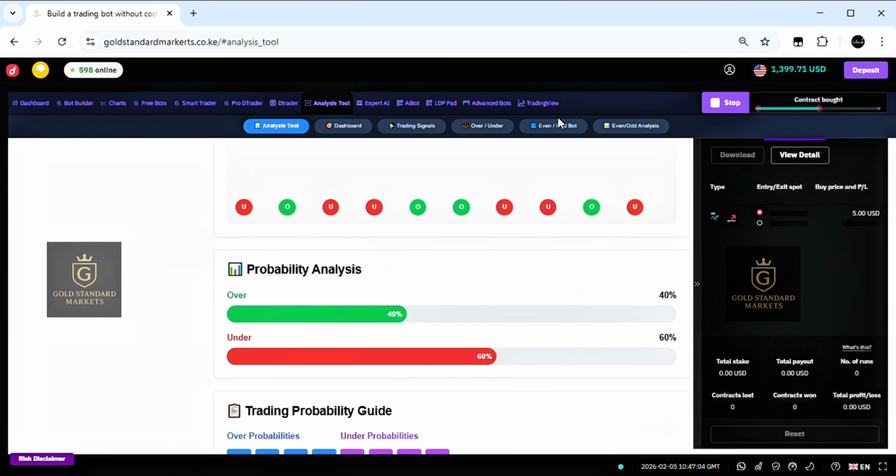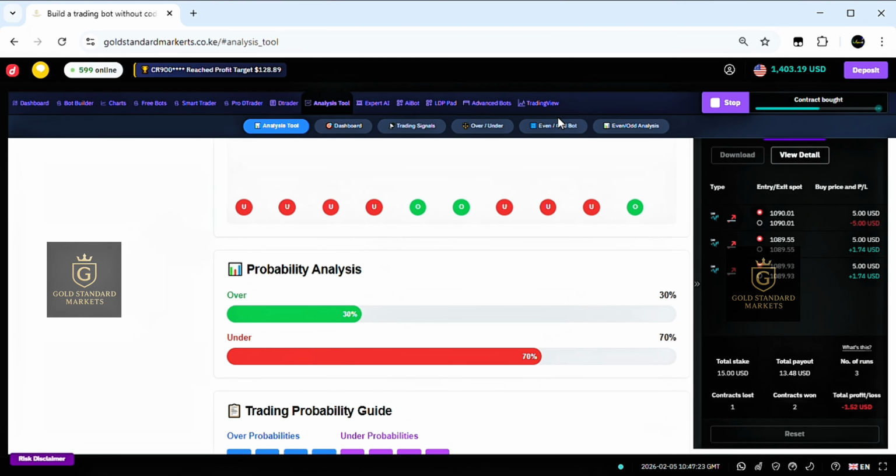So now we're currently at $1,406. Let's keep pushing. Because even when the unders are higher than the overs, the bot can still take profitable trades, but it cannot be compared to when the overs are way higher than the unders.